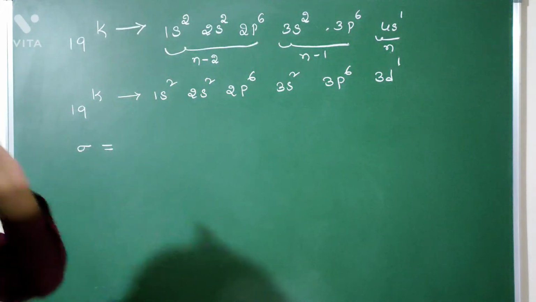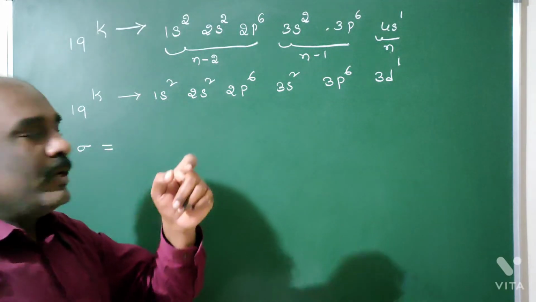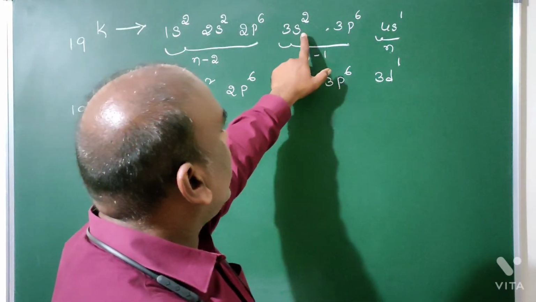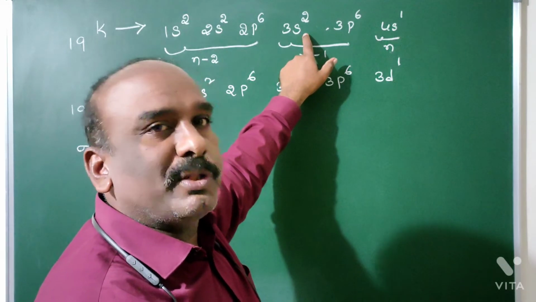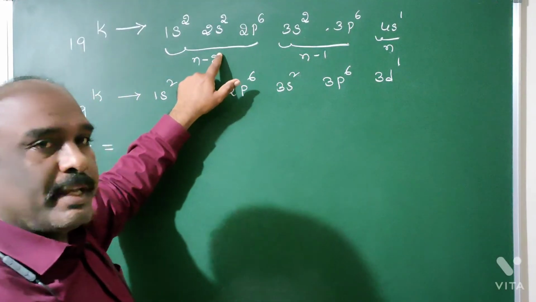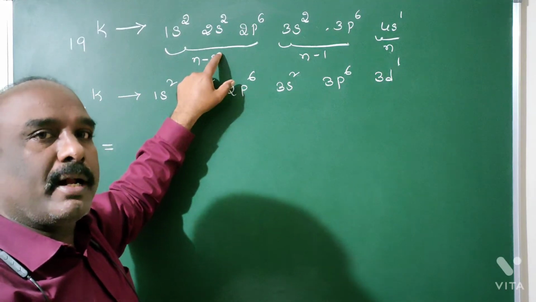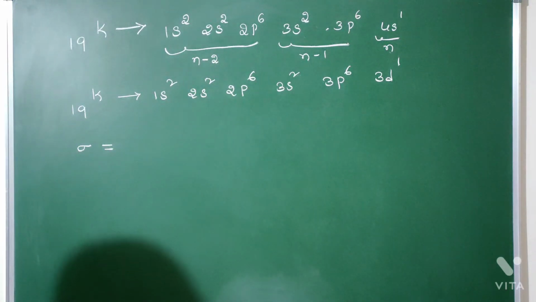I already explained this clearly in the last class. Each electron present in the n minus 1 subshell contributes 0.85 to the screening constant. Each electron present in the n minus 2 subshell and all other inner electrons contribute the value 1 to the screening constant or shielding constant.